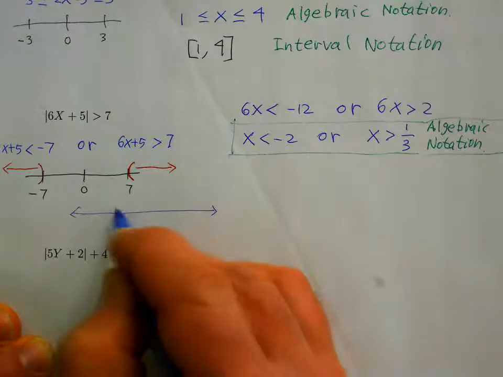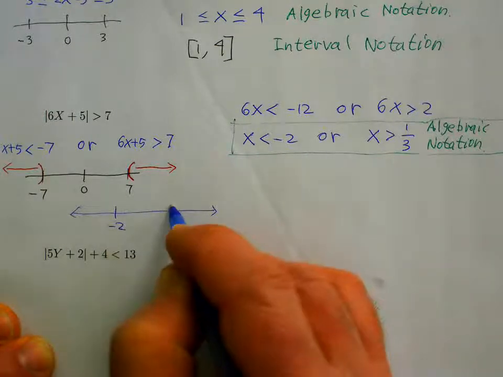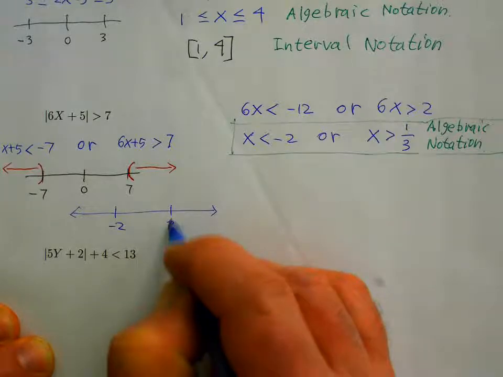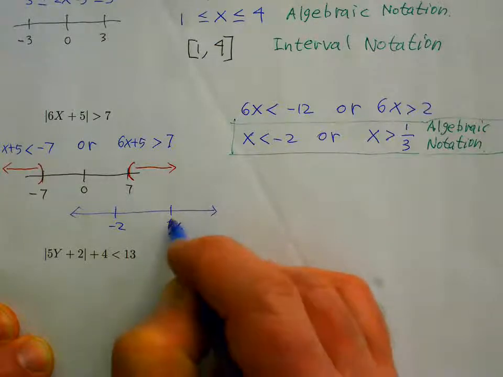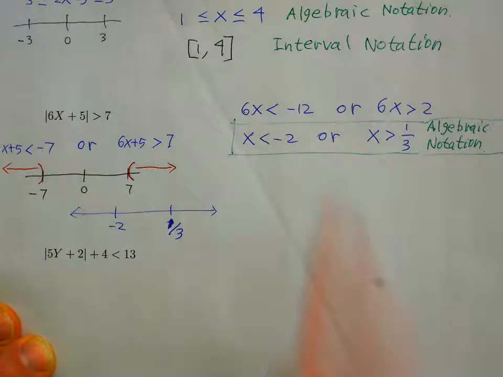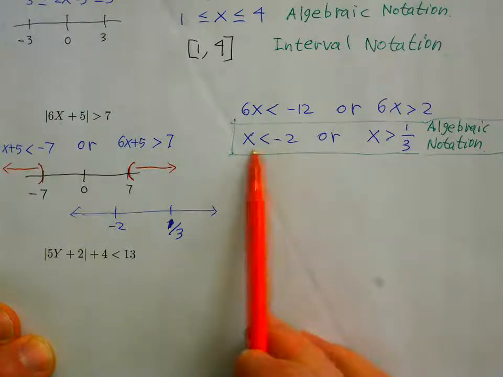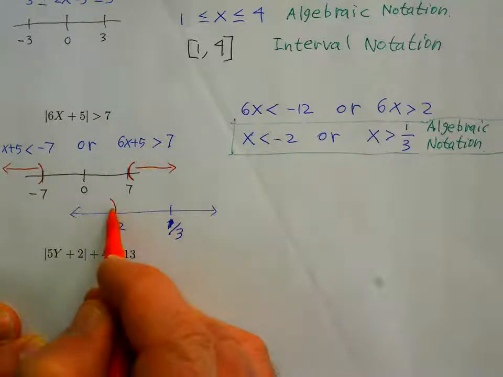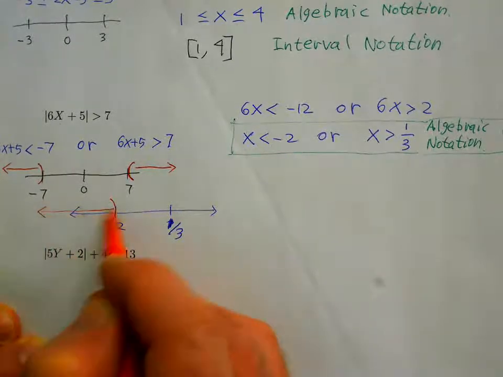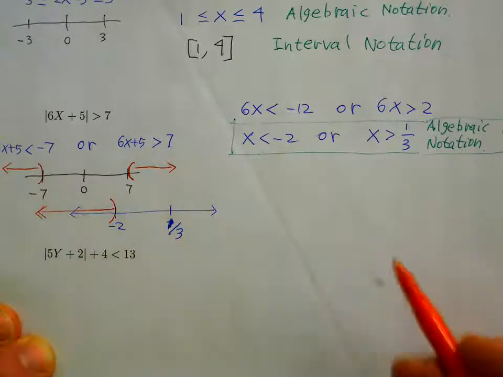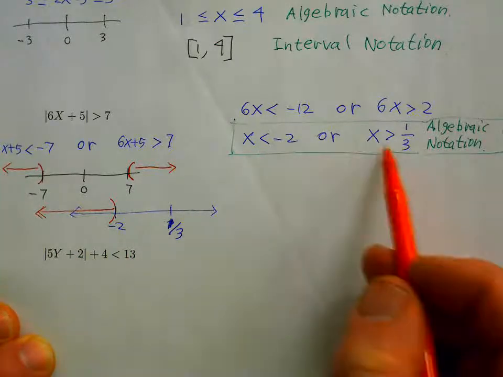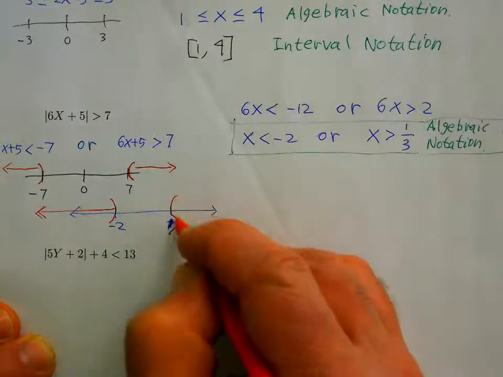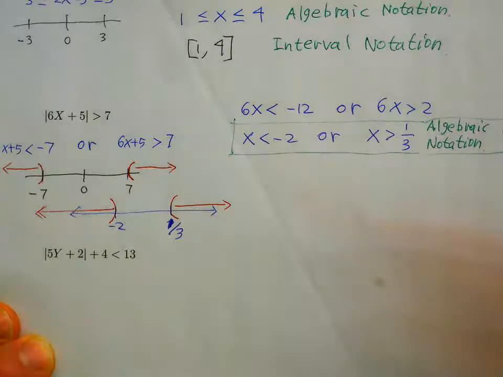So we plot the numbers -2 and 1/3. Okay, so if x is less than -2, on the number line, we put a parenthesis that opens to the left, and then we color the line to the left of -2. Or x is greater than 1/3, we put a parenthesis at 1/3 and shade to the right.